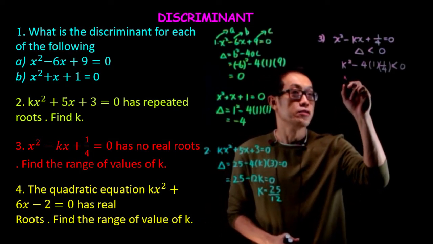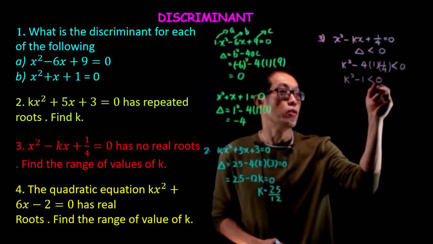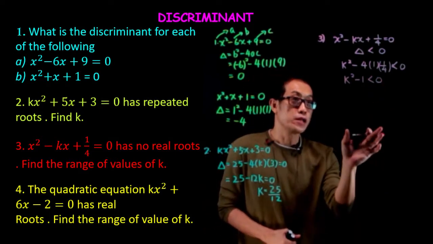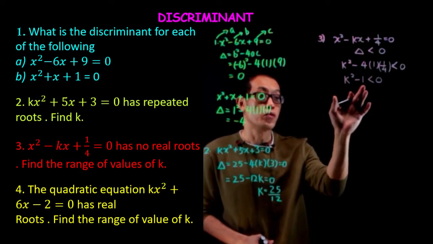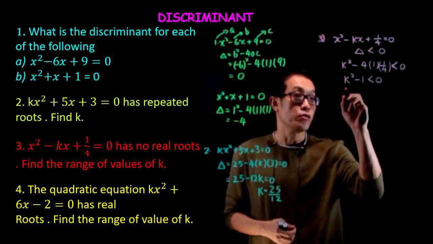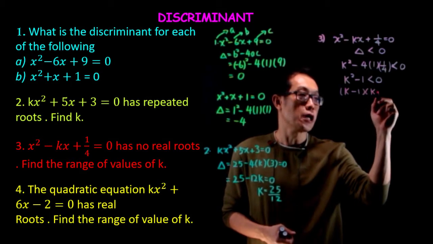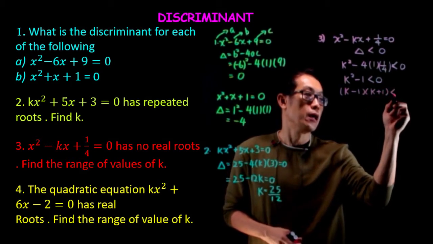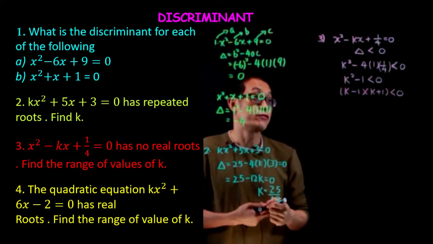So for that you get k squared minus 1 is less than 0. You want this inequality, k squared minus 1, to be less than 0. If you factorize it, it will be k minus 1 into k plus 1. Now you can do a quadratic sketch of this graph.